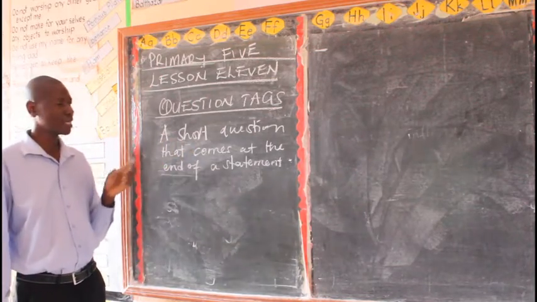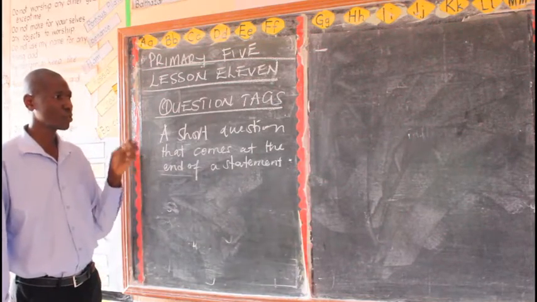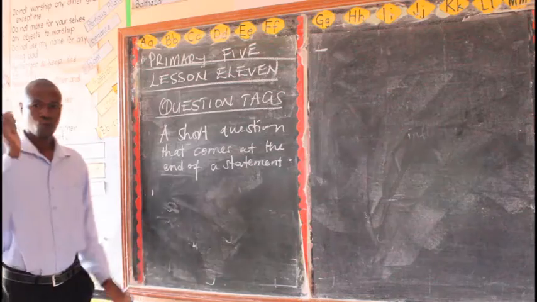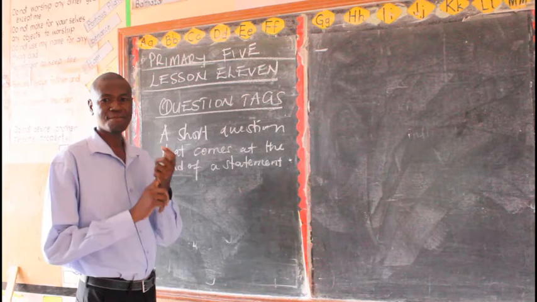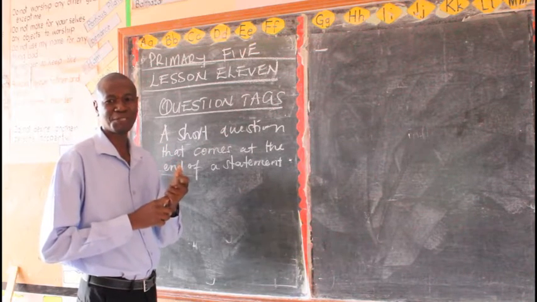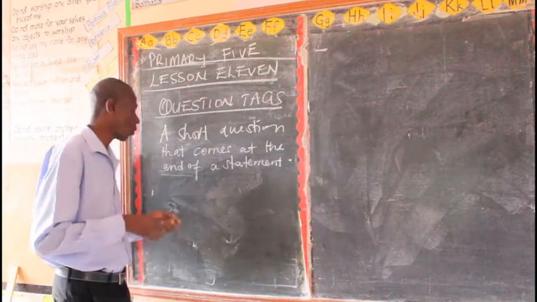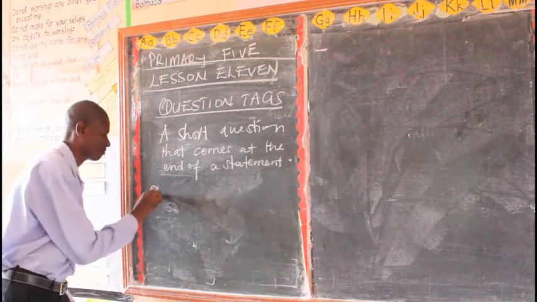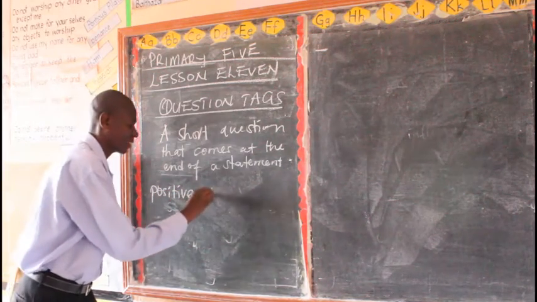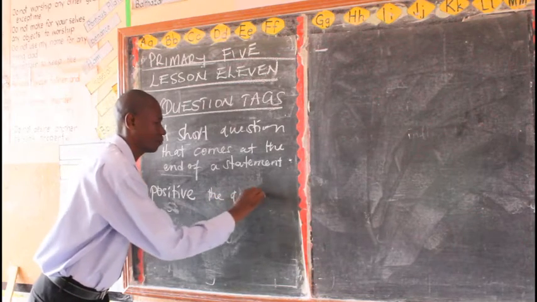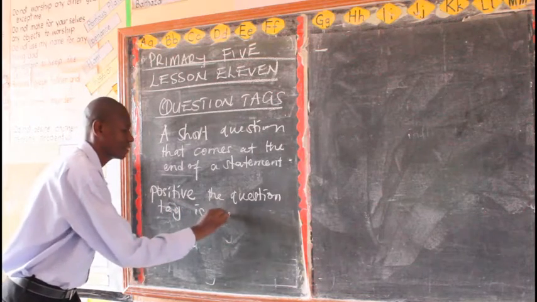Now, we are going to look at the rules of question tags. They have their special rules. Rule number 1: when the statement is affirmative, or positive in simple terms, the question tag is negative.